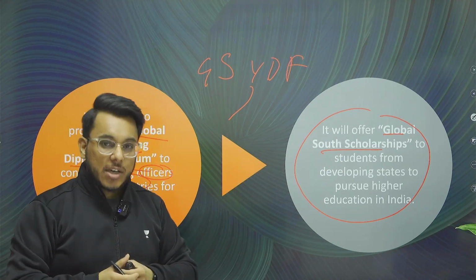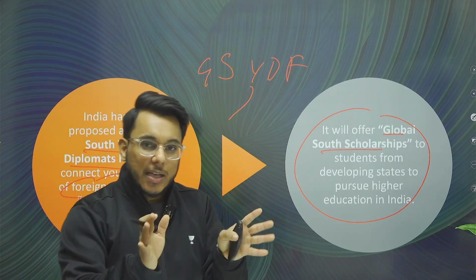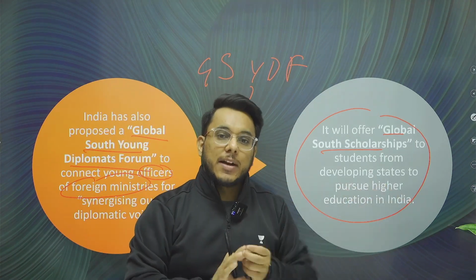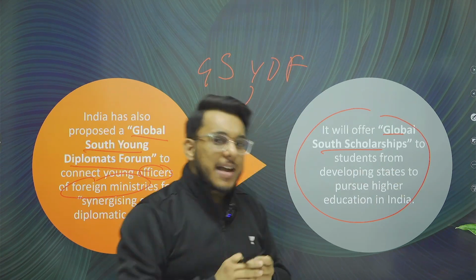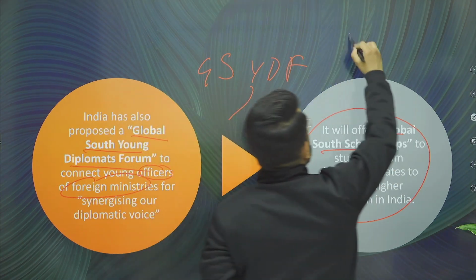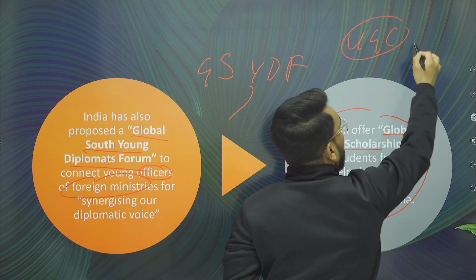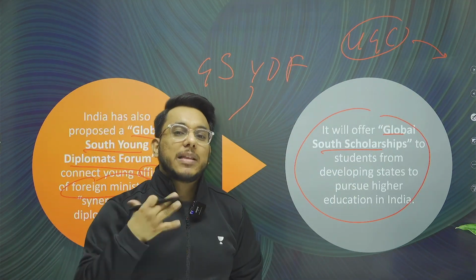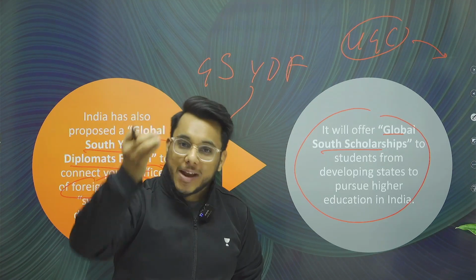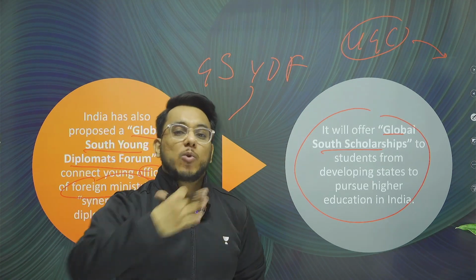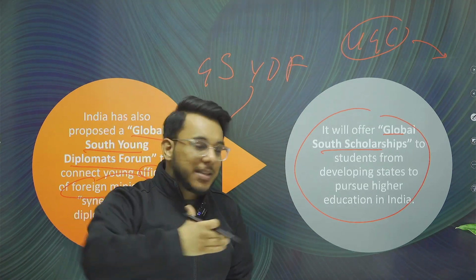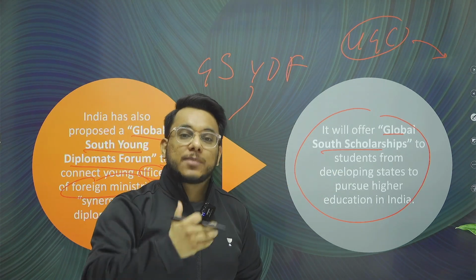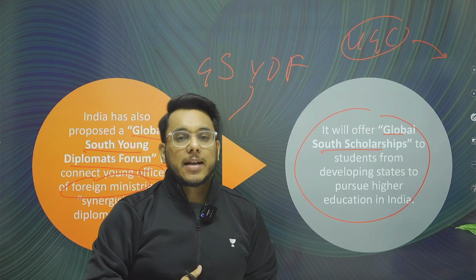Now, I want to connect this with one other recent current affairs development. Recently, the University Grants Commission, UGC, has issued directions to allow foreign universities to open their campuses in India. Now Stanford, MIT, Harvard can open their campuses in India. Now see this thing: in Global South countries, developing and underdeveloped countries, educational standards are often not good.